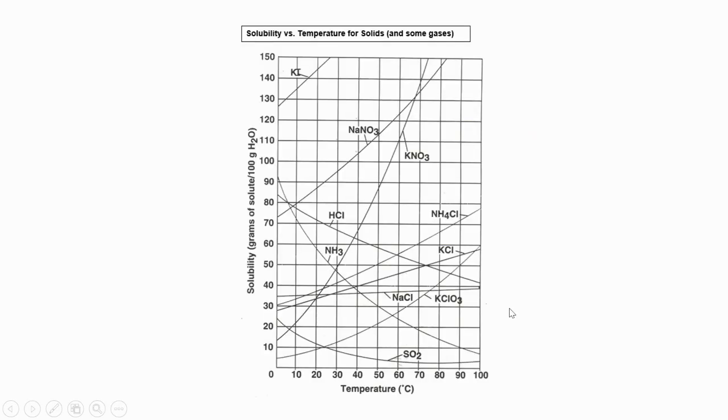So, NH4Cl, 70 degrees. Here's my NH4Cl, here's my 70 degrees. So 60, maybe 61 grams can be dissolved in 100 grams of water. If I instead want to make a solution with 200 grams of water, I would simply double that and say 120, 121, 122 in 200 grams of water.